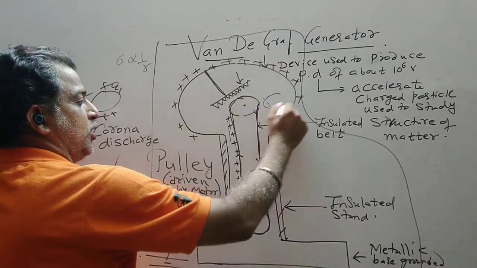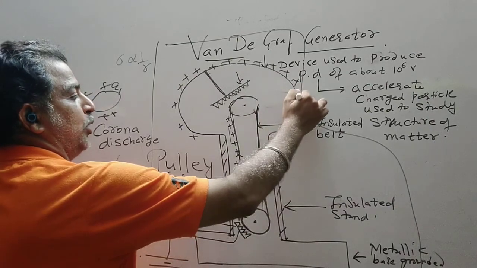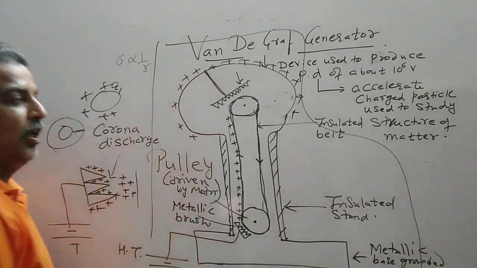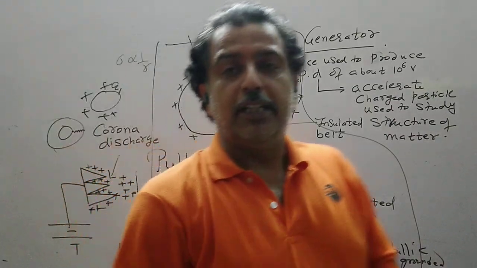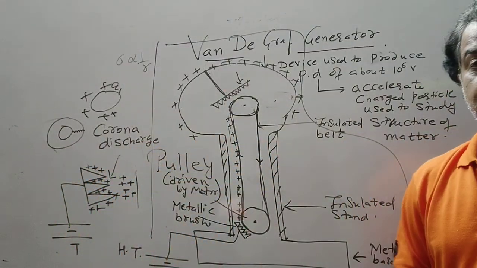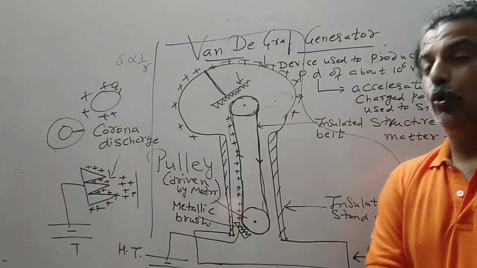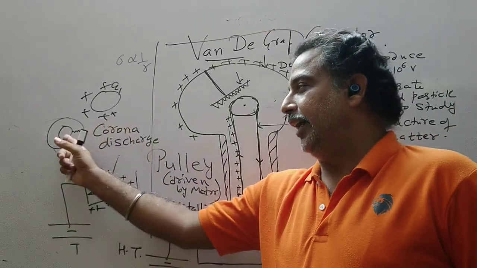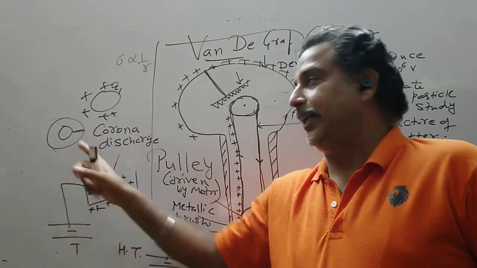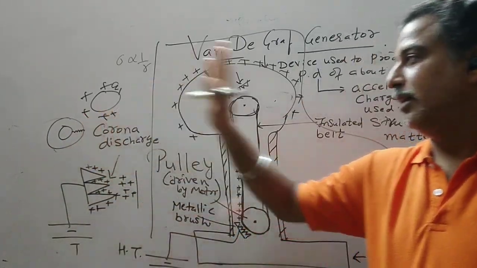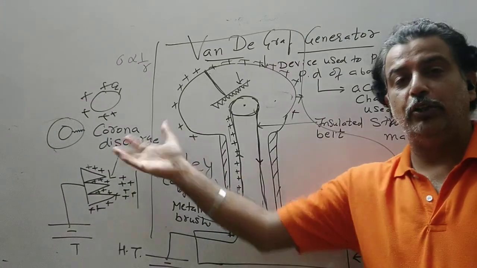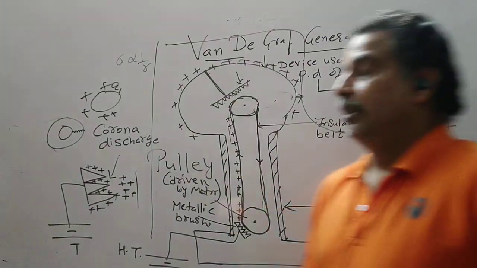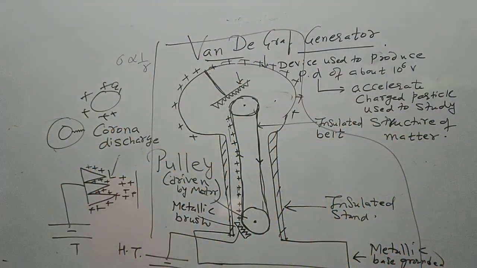So in this portion the outer sphere is at high potential and this sphere is at low potential, and therefore we create a potential difference between the two spheres, like we did in this numerical. It was numerical number 35 or 36. So this is how we create a potential difference of a few million volt.